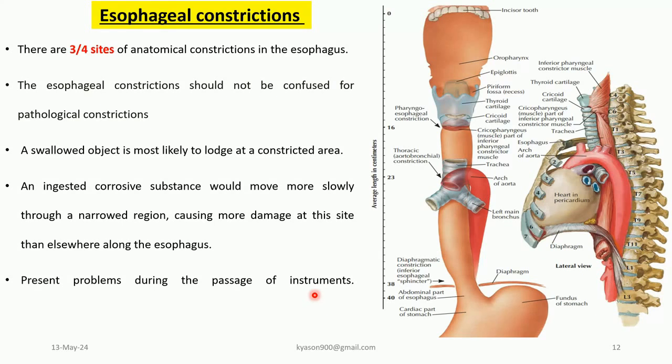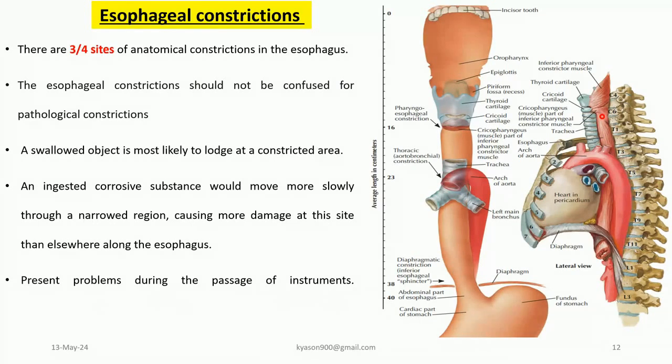All those instruments have to be passed through the esophagus, and of course care has to be taken because of the fact that there are constrictions along the path of the esophagus. If someone rigorously passes that instrument into the esophagus, it can result in injuries at those narrowed areas. So that's why there can sometimes be problems during the passage of those instruments.